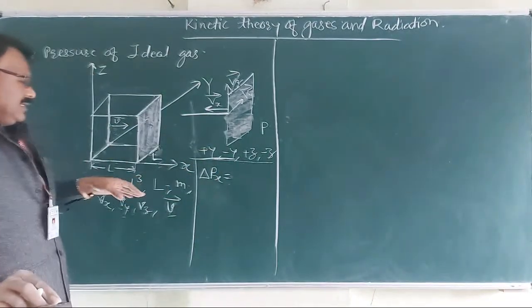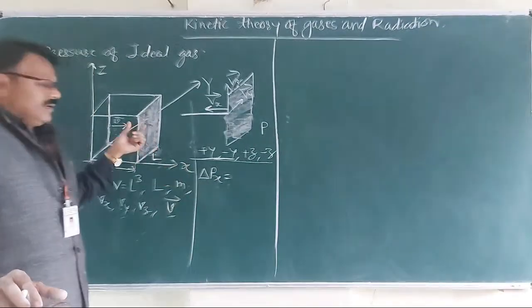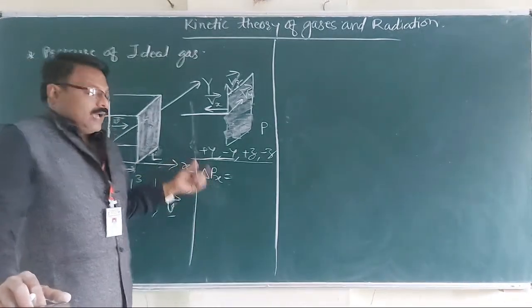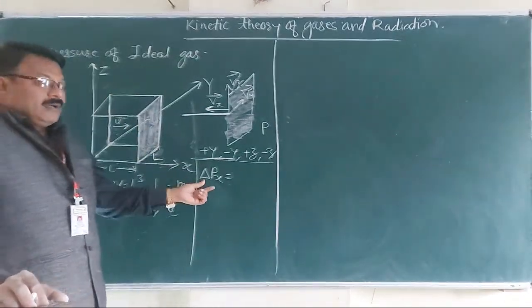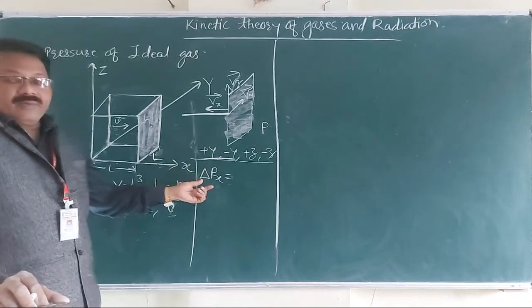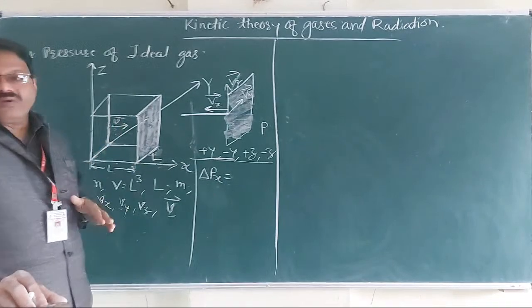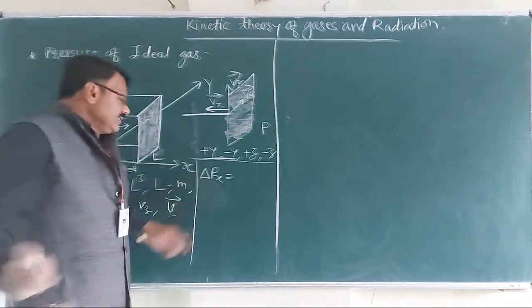And thus there is a change in only the x component of the velocity. Therefore we can find the average change in momentum in the x component of the velocity, and it is equal to what?